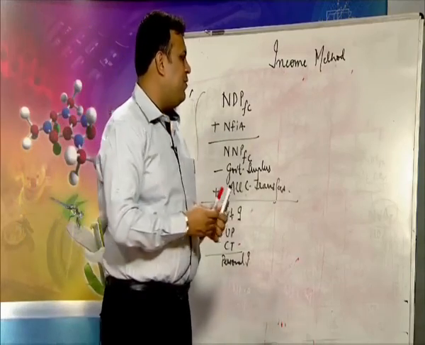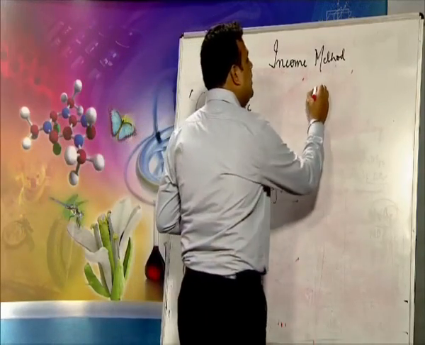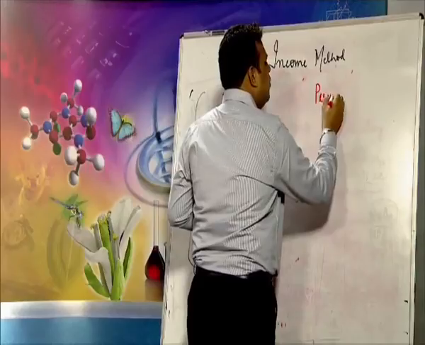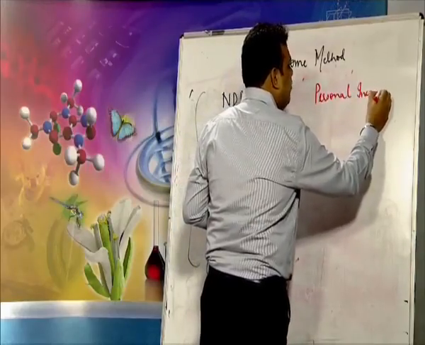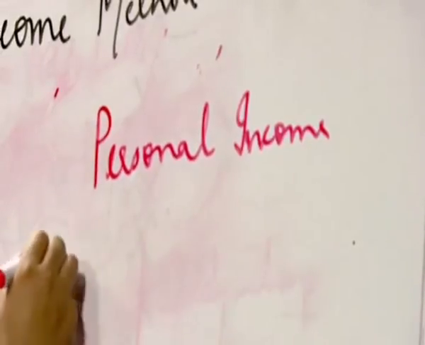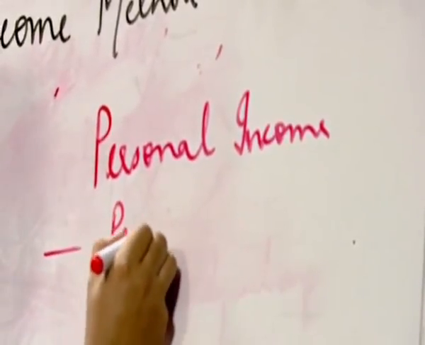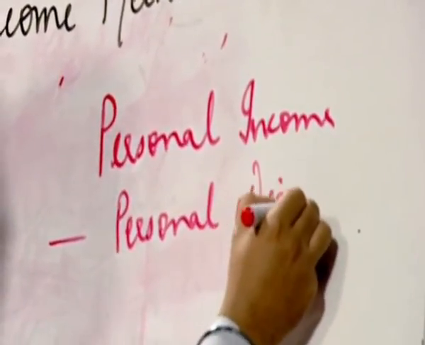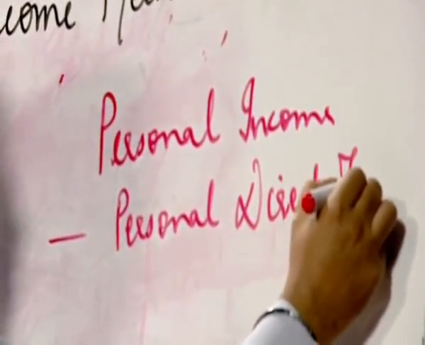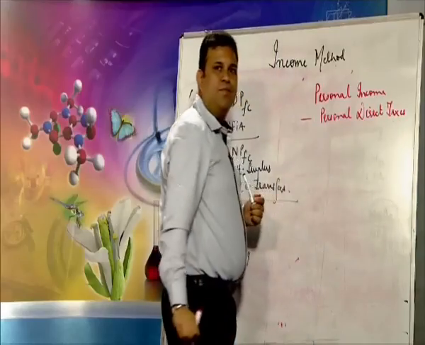Now at the end, when you have personal income, what do we do? We pay personal direct taxes.